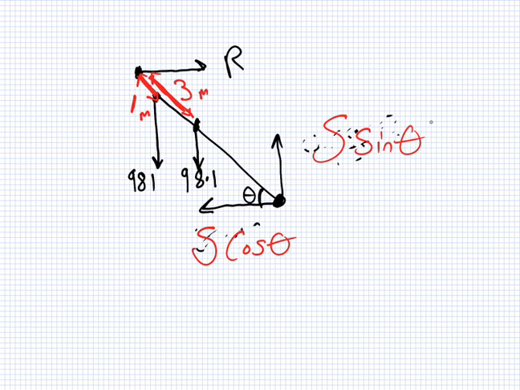Now I'll give you a minute to fix your notes, but sorry, my problem here is this is not theta. I shouldn't have drawn this in. I'll let you fix this. I'll give you a minute.